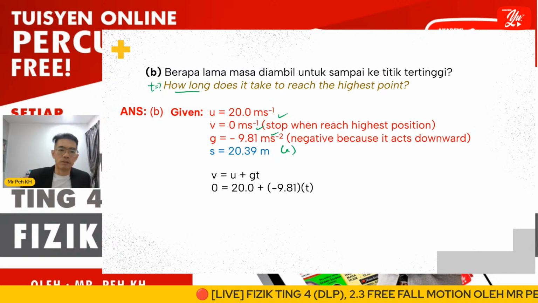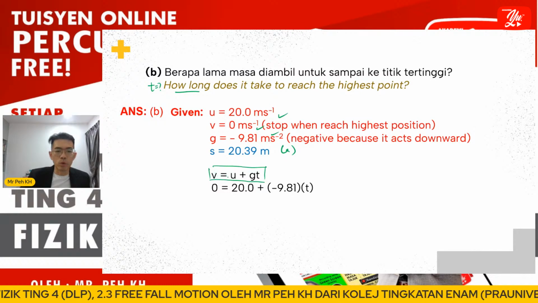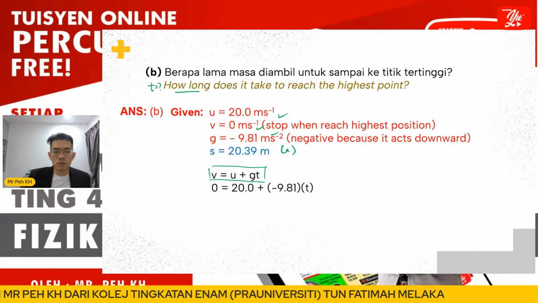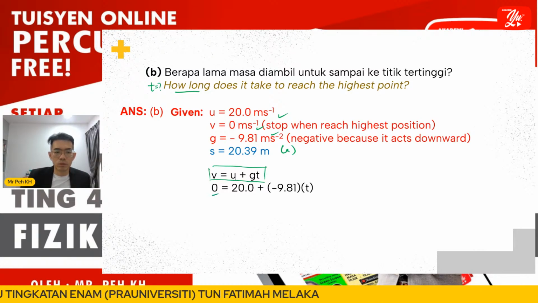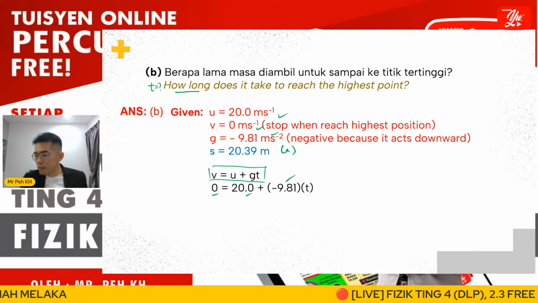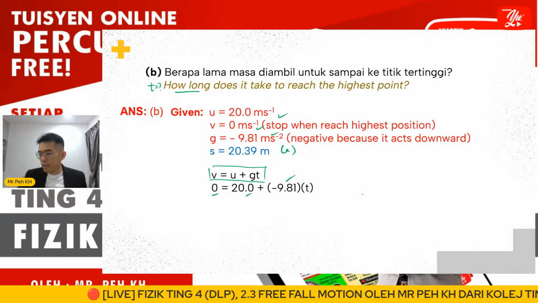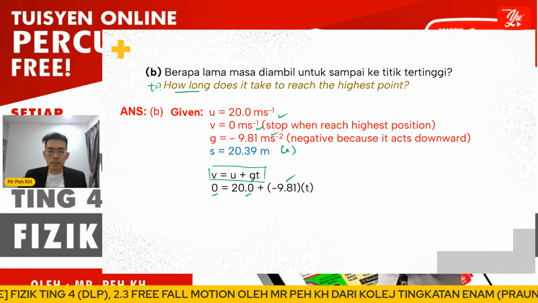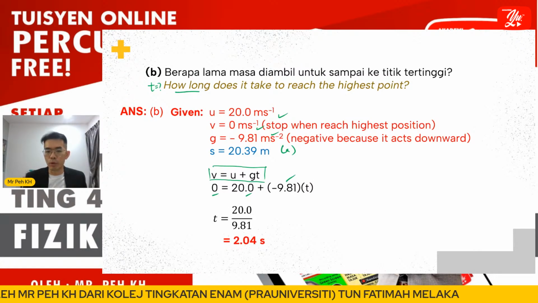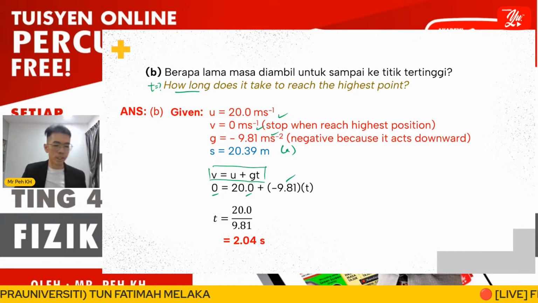Here, the formula you may choose is v equal to u plus gt. v will be 0, u will be 20, g will be negative 9.81. Okay, it's almost finished. Then you just rearrange, and you may get your t equal to 2.04. So this will be the last question for today.